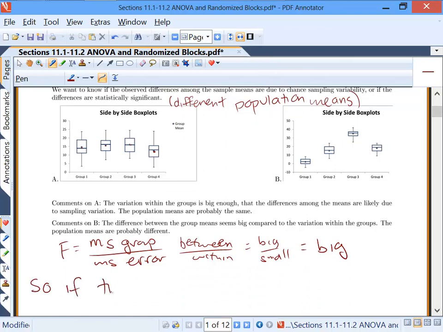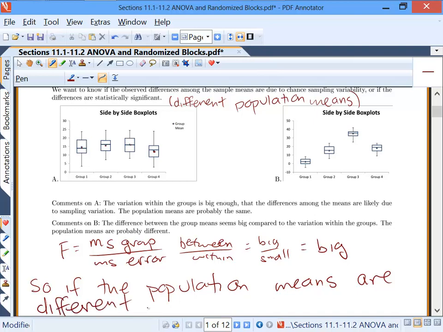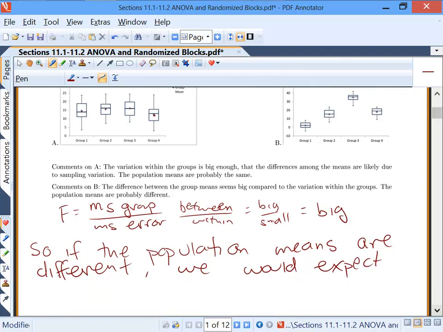So if the population means are different, we would expect big F values, big values of our test statistic, just because we'll have more variation between the groups than we have within the groups.